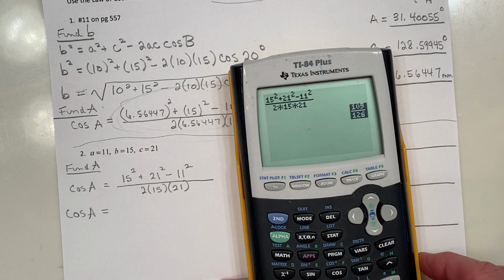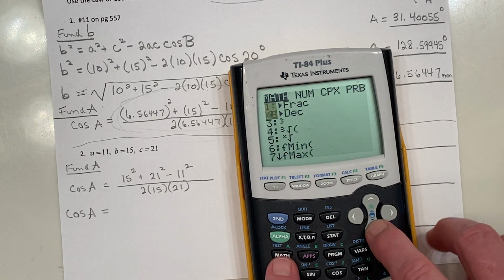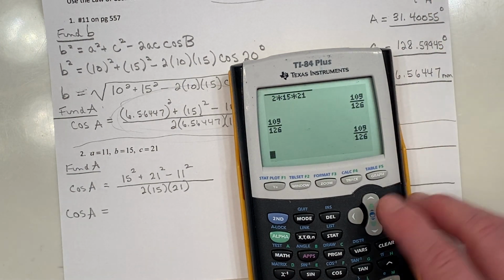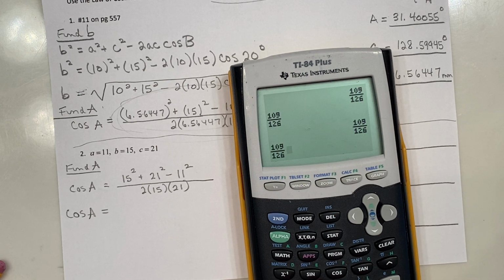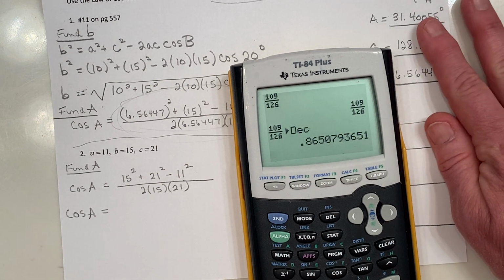Let's grab that and change that to a fraction. Where is that? Math? Or to a decimal. There we go. Enter. And then we're going to do math to a decimal. I think that's where it has to happen.